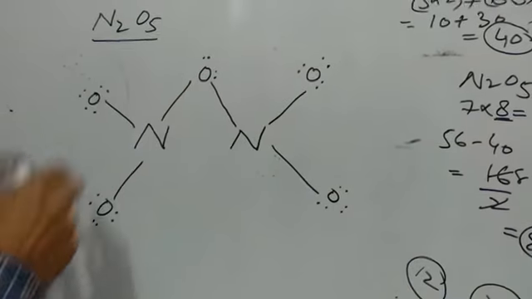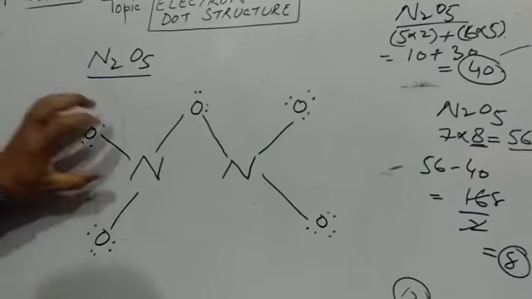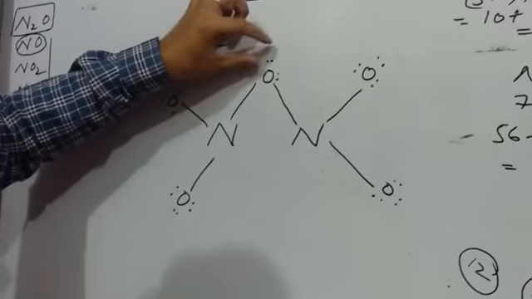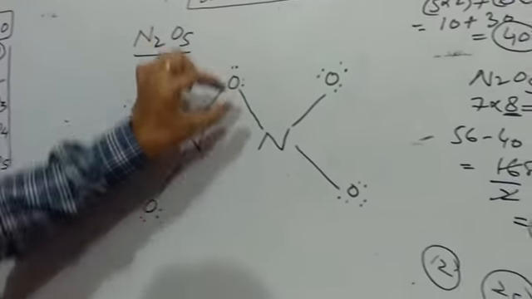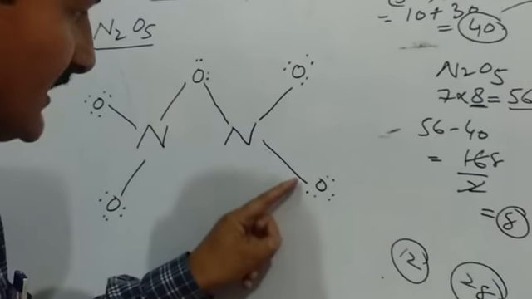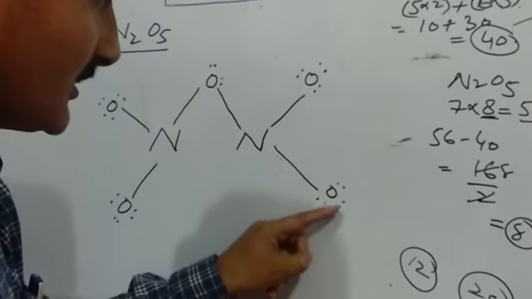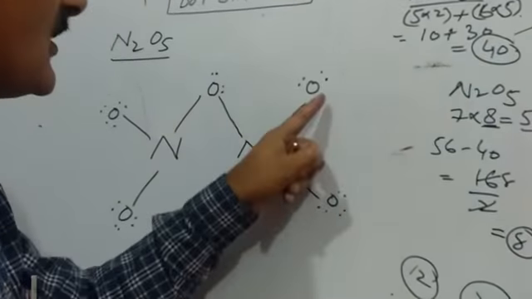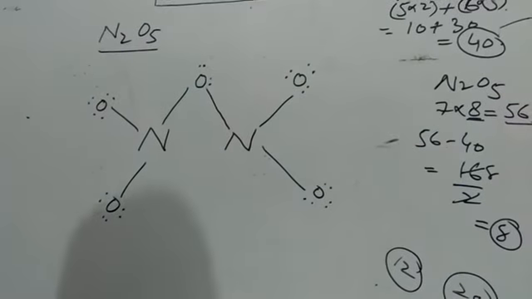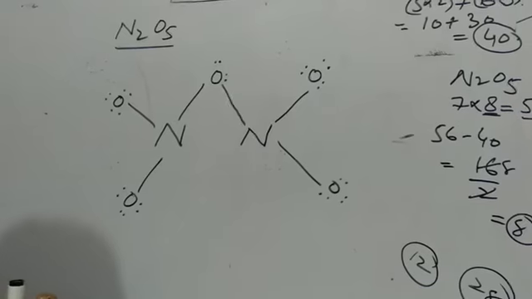Now let me again count here. 8 plus 8, 16. 16 plus 2, 18, 20, 22, 24, 26, 28, 30, 32, 34, 36, 38. One electron pair can be placed somewhere.